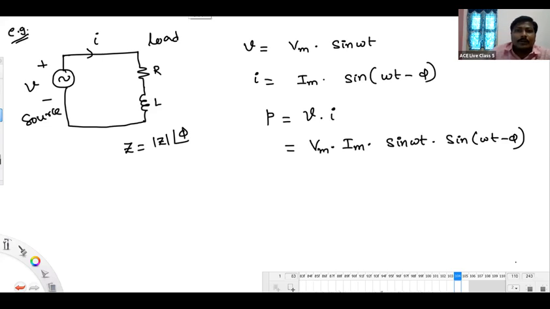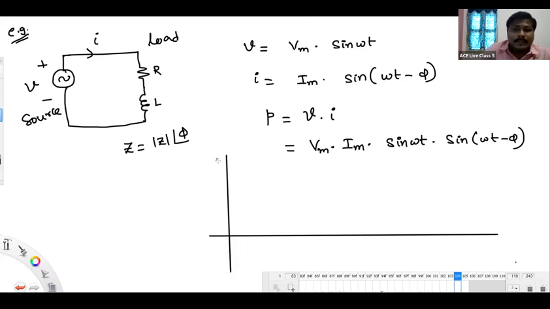Now I will take a plot of this instantaneous power with respect to time. It's a time axis, and this is the instantaneous power axis. Listen to me.